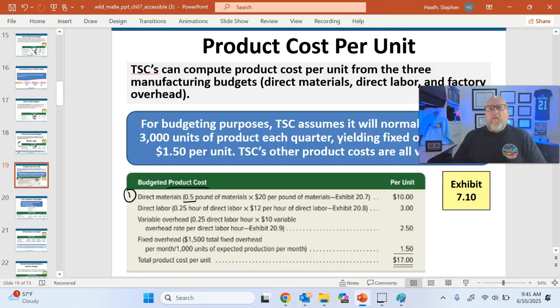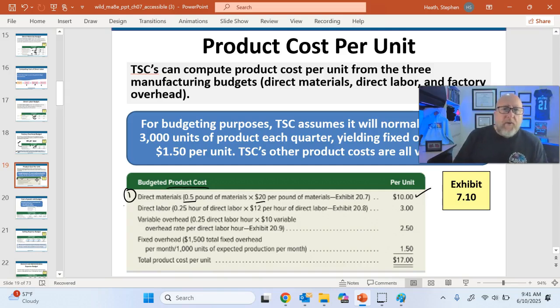And so we were saying way up in the previous slides, for every one unit that we produce, we need a half a pound of material. We also said that every pound of material is going to cost us $20, and therefore, to make one full product, we're going to need $10 of direct material.